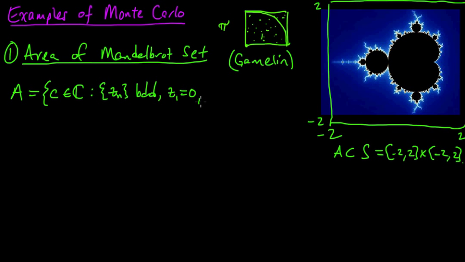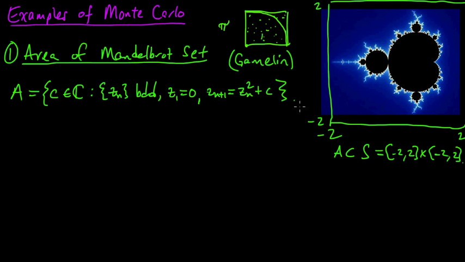Z1 is 0, and Z(n+1) equals Zn squared plus C, the constant C. So for each complex number C, this iteration defines some sequence. And C is in the Mandelbrot set if that sequence is bounded. That's the Mandelbrot set. Extraordinarily simple.